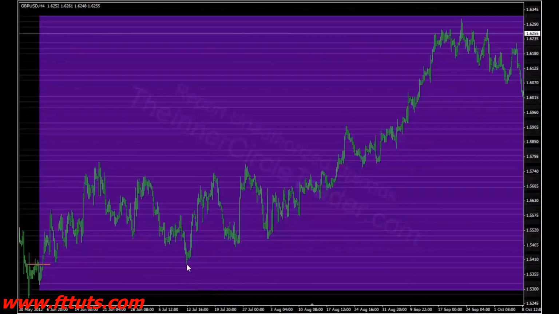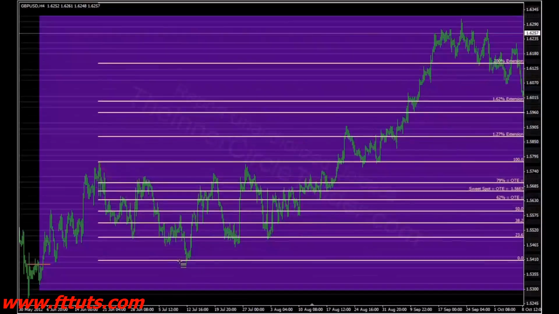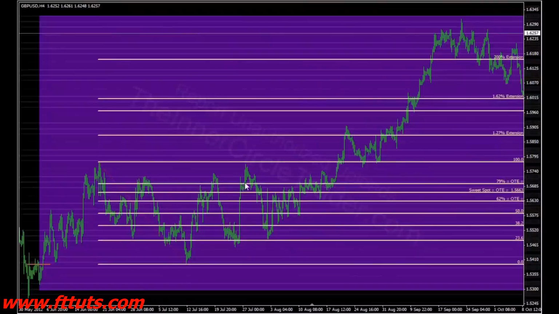So we have this range from this low to this high. Now it could have been the high that formed over here if this high was higher, and that would have been a reference point I would use for what I'm about to do, taking the high down to that low. At some point when this high is taken out, again here, you can see it finding support here, we would be reasonably expecting a move to these levels up here.